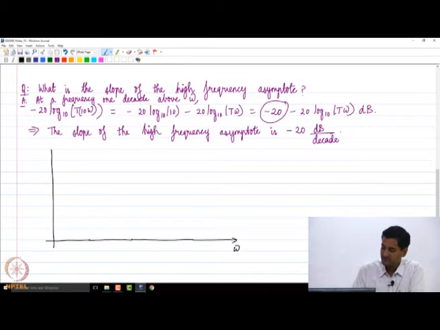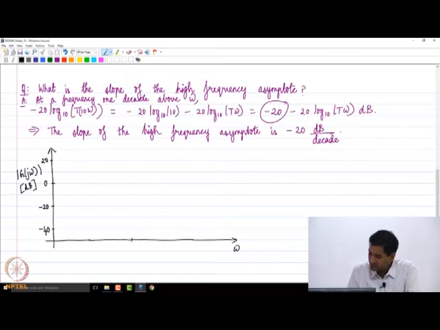Let us say this is omega, and this is magnitude of G of j omega in decibels. Let us say this I call 0, this I call minus 20, minus 40 and so on.